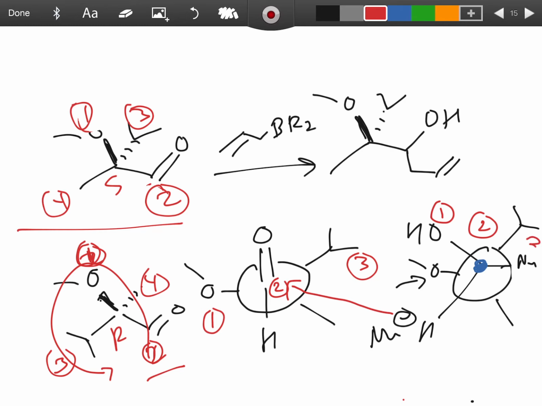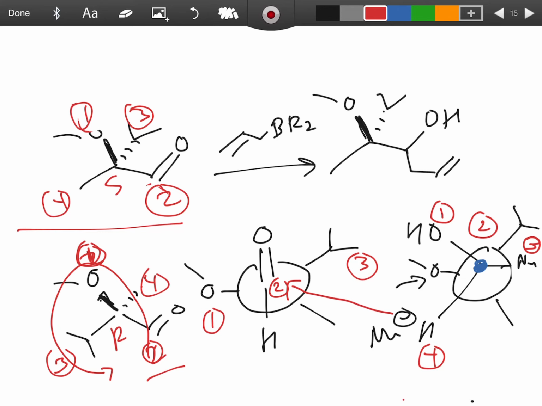The nucleophile would be 3, and the hydrogen would be 4. Again, I think the easiest thing is to think about looking at it straight down, where you'd go 1, back to 2, and then 3. So if you're looking down on that clock, you're going counterclockwise again, and that puts the lowest priority group away from you.